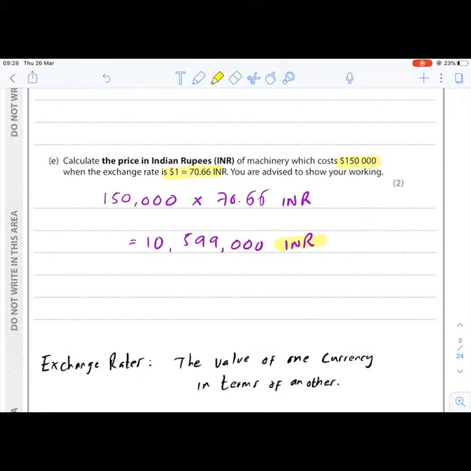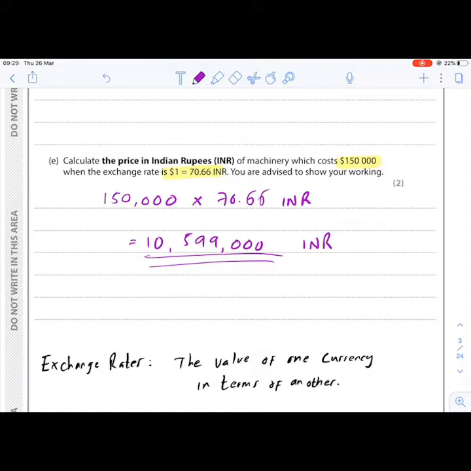You would lose a mark if you didn't include the currency. So if you just put as an answer 10,599,000, you would only achieve one of the 2 marks available. It is really important to achieve 2 marks that you write down the currency as well.